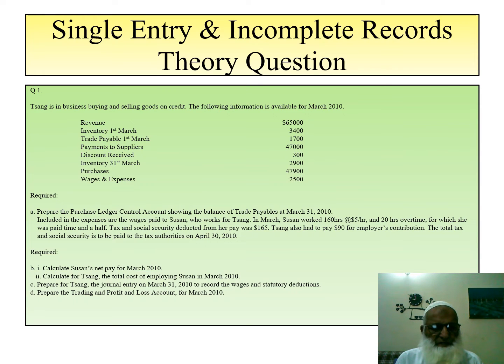First, the purchase ledger control account showing the balance of trade payables on March 31st, 2010. Included in the expenses are the wages paid to Suzanne, who works for Zhang. In March, Suzanne worked for 160 hours at $5 per hour, and 20 hours of overtime was also there, for which she was paid time and a half.